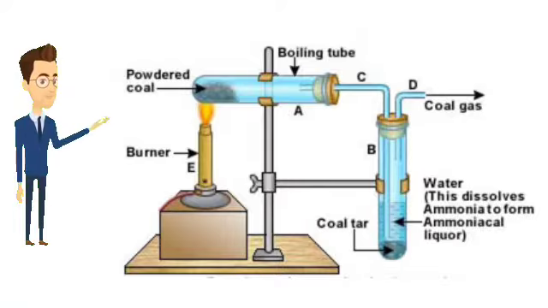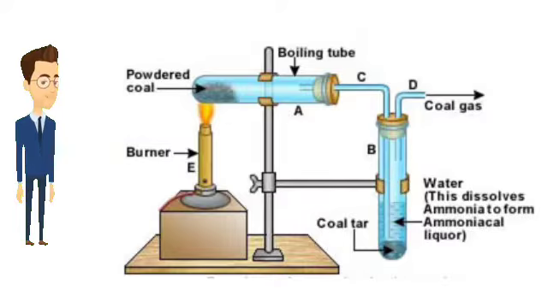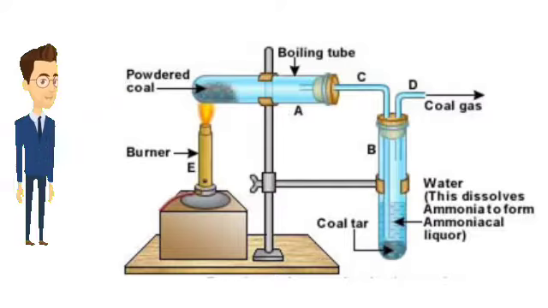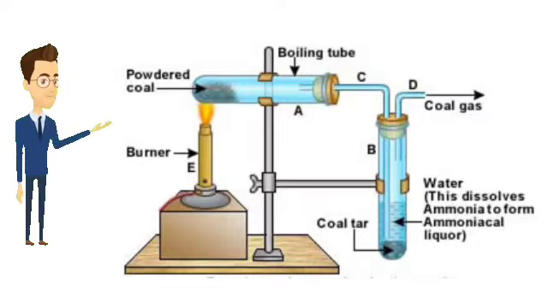In test tube 1 we put some wood, and after heating it in the absence of air, you will get the byproducts. Test tube B is filled with water. Coal tar settles at the bottom of test tube B, and test tube B also has a small bent glass tube from which coal gas comes out. So these are the products we get from destructive distillation of wood.